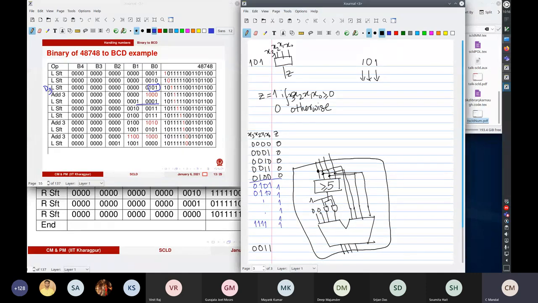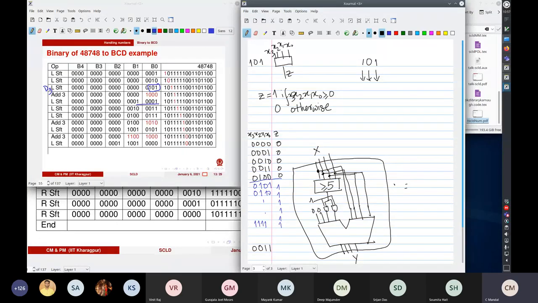You can say this is x, and we can just call the output y.